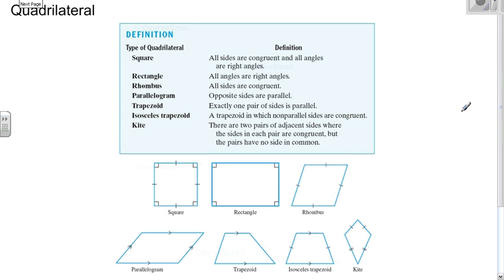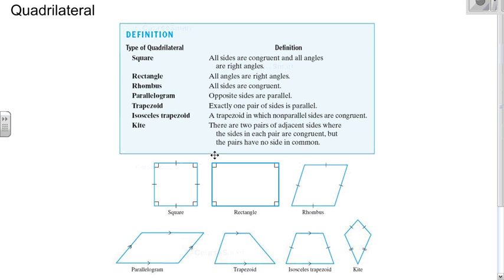So the reason we had to talk about parallel is so we can talk about special quadrilaterals, special four-sided polygons. First, we'll talk about the square, which has 4 right angles and 4 congruent sides. You can mark things congruent by putting a little tick mark on them like that.